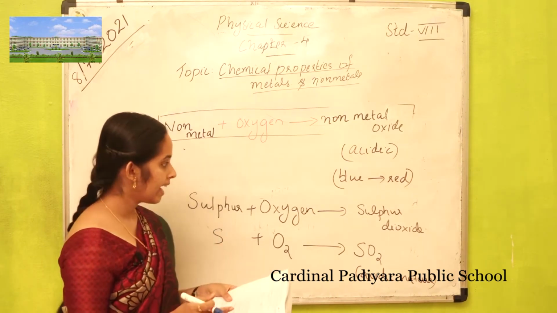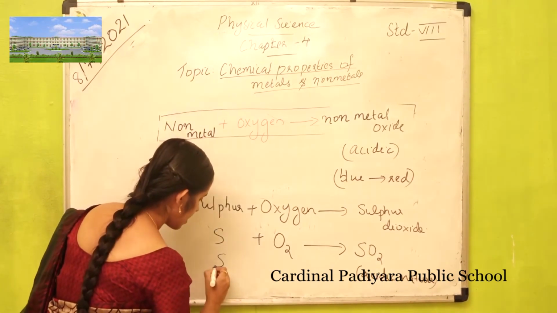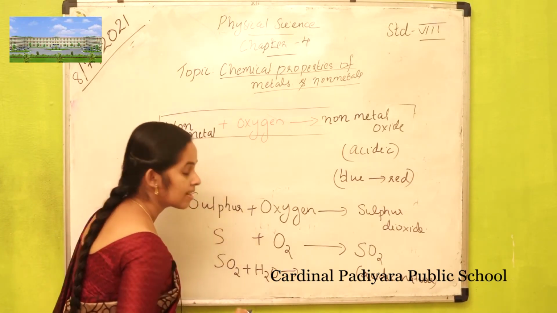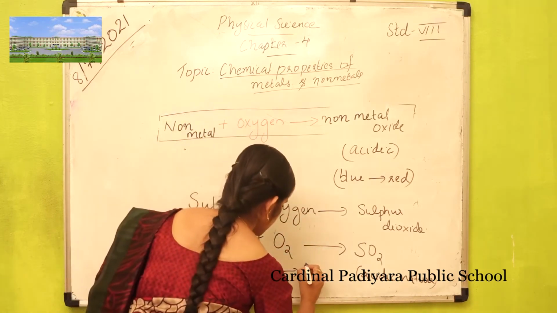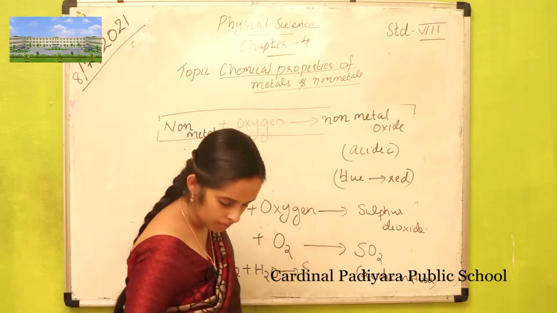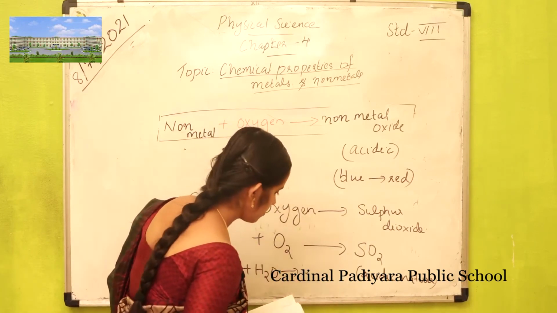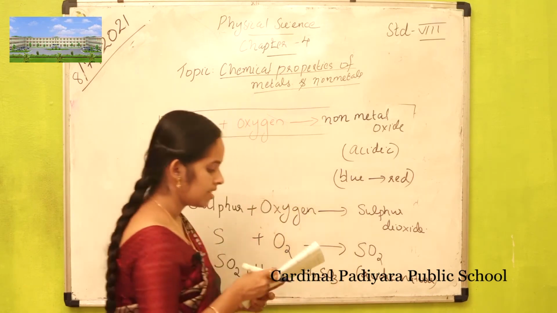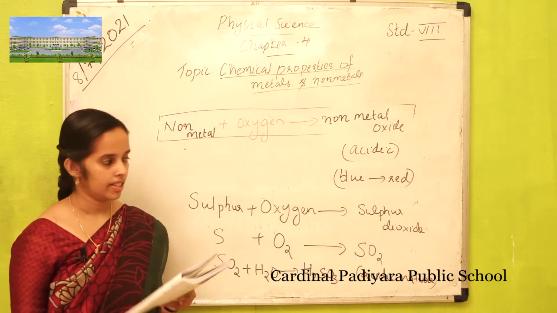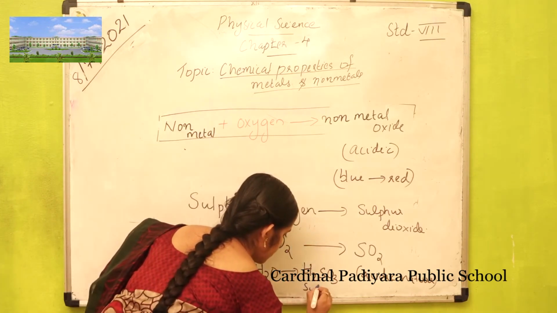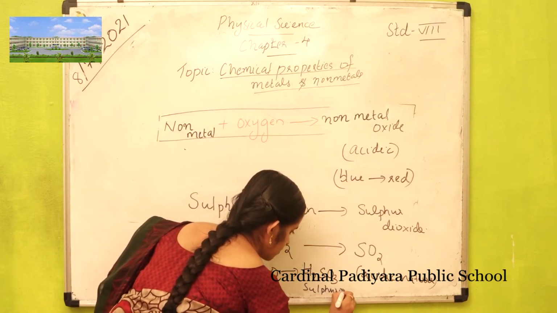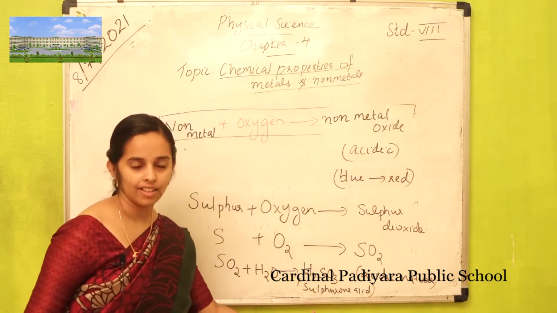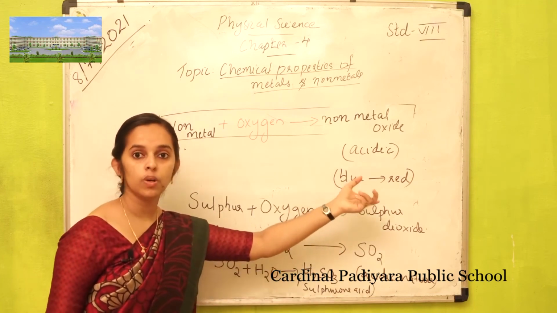Then, the sulfur dioxide formed reacts with water to form sulfurous acid, H2SO3. Which means it is an acid. It can change a blue litmus to red litmus.